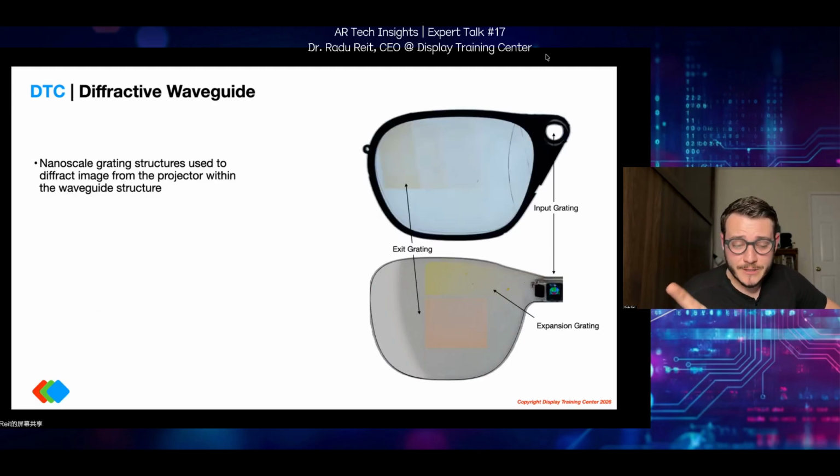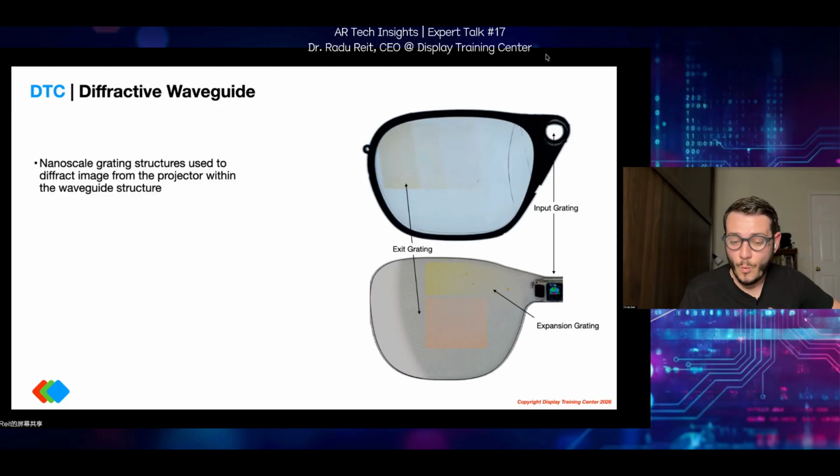And on the diffractive side, the story is slightly different from a technical perspective. Instead of using mirrors to reflect the light, we're using nanoscale gratings to diffract the light. I won't get into the specifics of diffraction here, otherwise we need a few more hours. But essentially, we're using the first order light diffraction from an input source to reroute the image through the waveguide to other diffractive elements that will further extract that light to the user's eye.